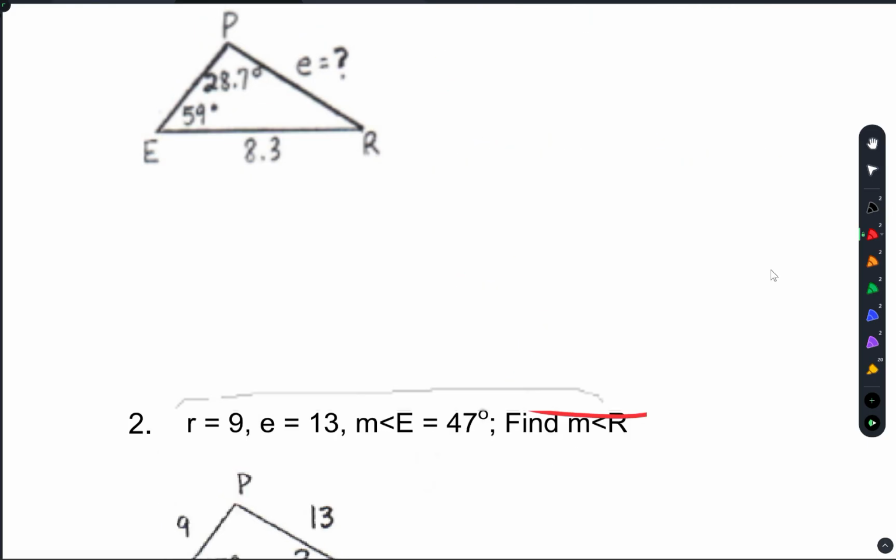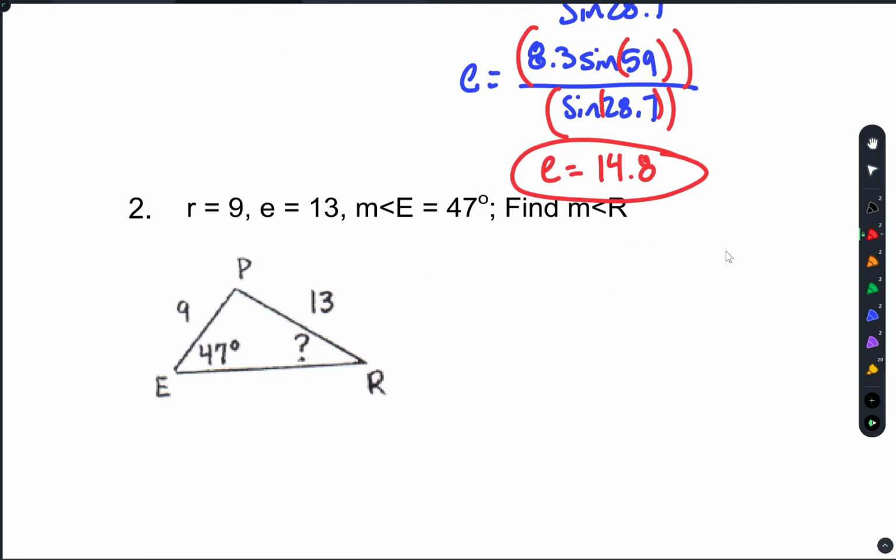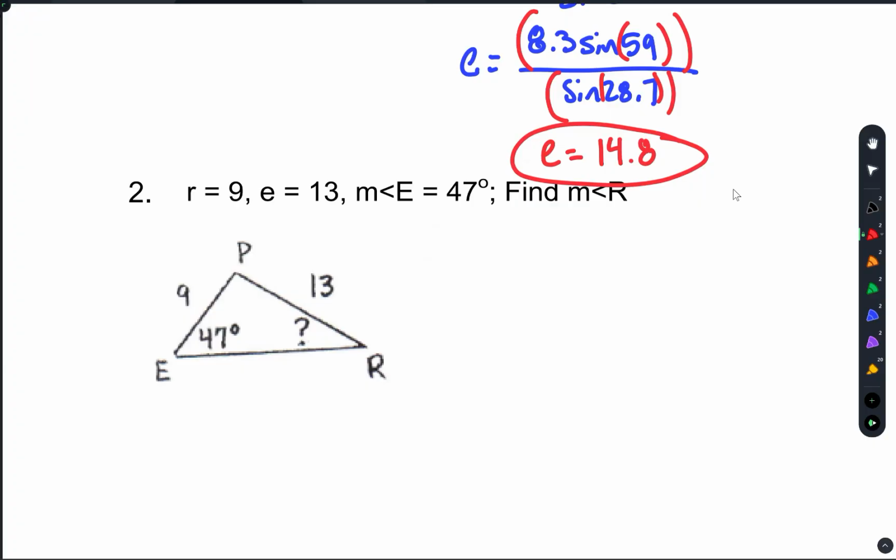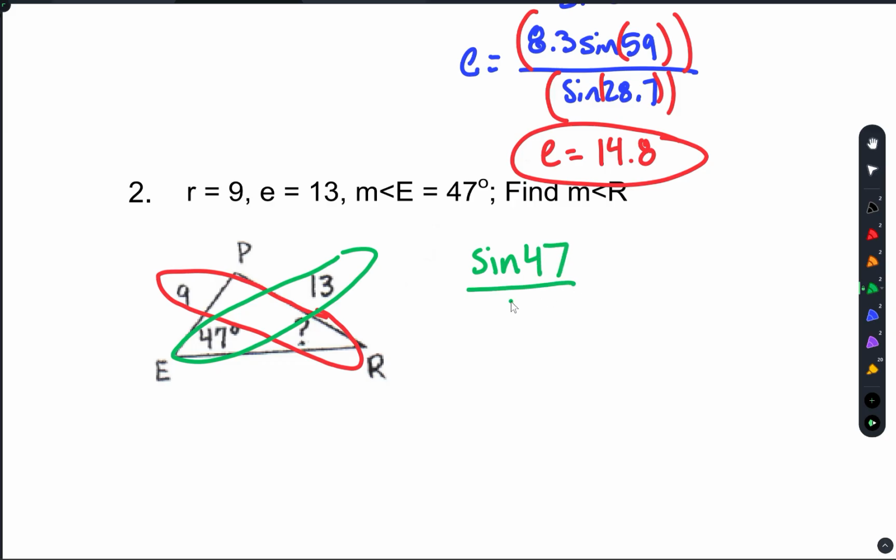All right, let's do another one. In number 2, I have all these values, and I'm solving for angle R. So I'm going to connect up what I have. I have 9 goes with angle R. That's the one I'm trying to find. And 47 goes with 13. So my proportion will look like sine 47 over 13 equals, and this time the variable is going to go in the angle spot.